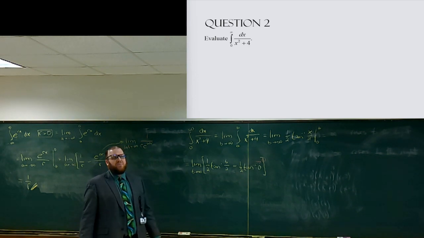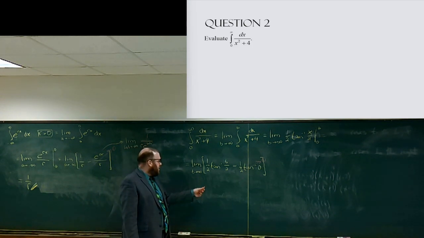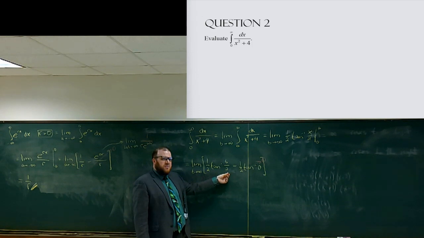Now we have a bit of a problem. If you just look at b over 2, what's the limit of that as b approaches infinity? Infinity.